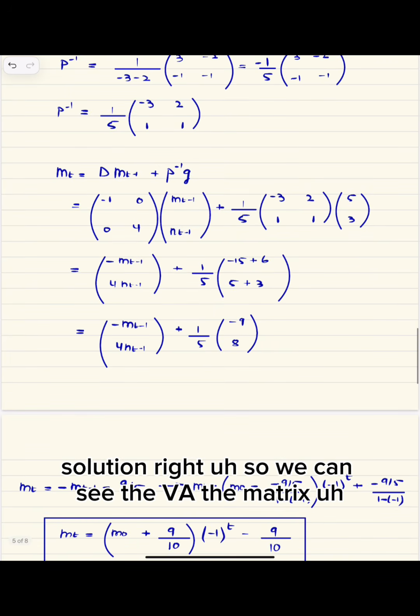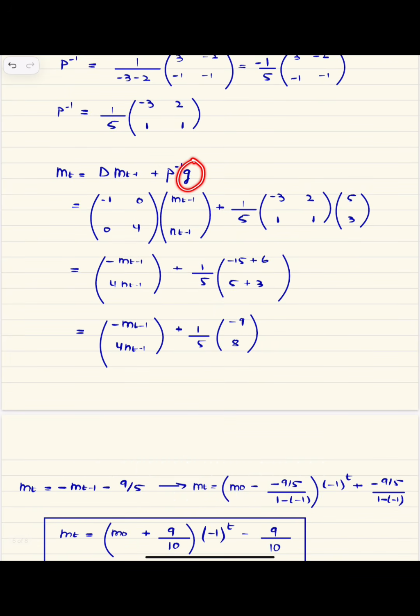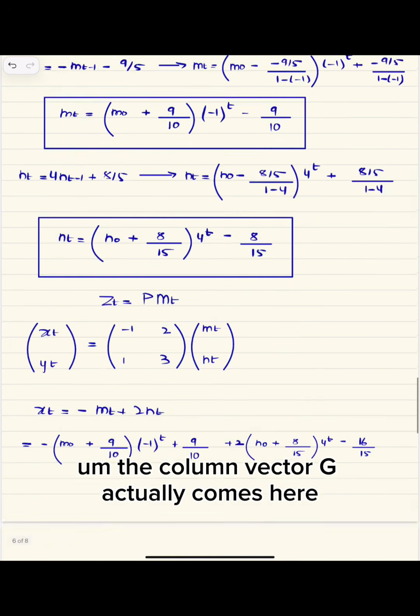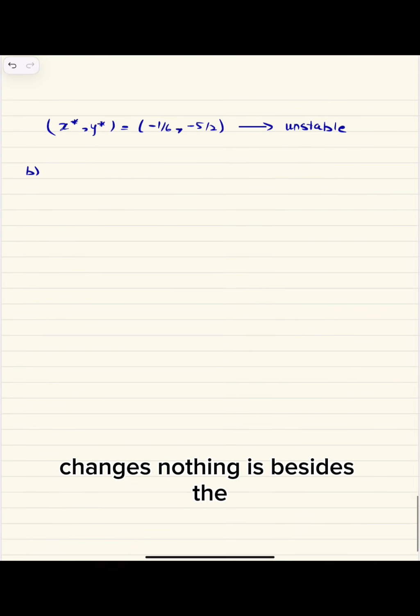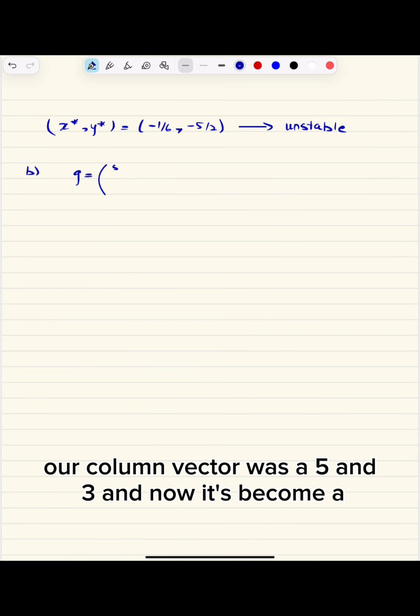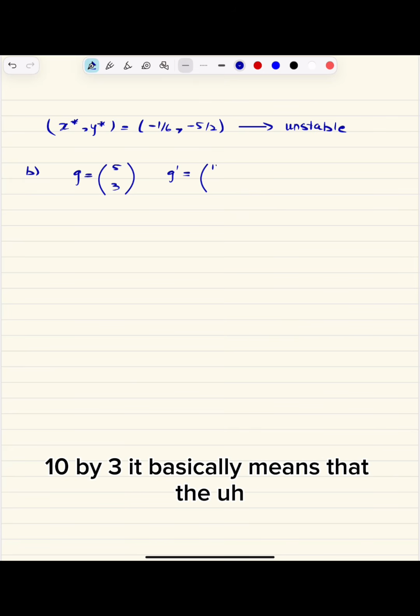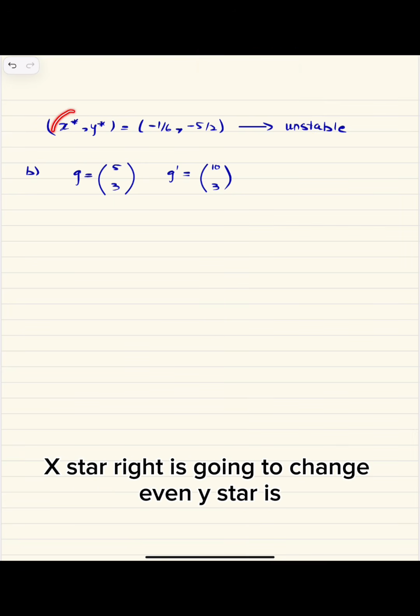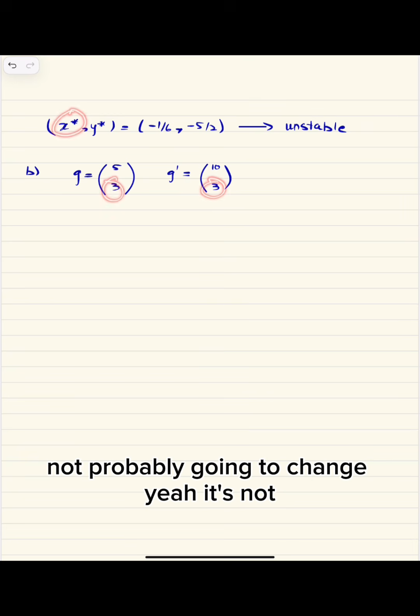So we can see the column vector G actually comes here, changes nothing besides the value of the steady state. So if initially our column vector was 5 and 3, and now it's become 10 by 3, it basically means that the x star is going to change. Even y star is probably not going to change.